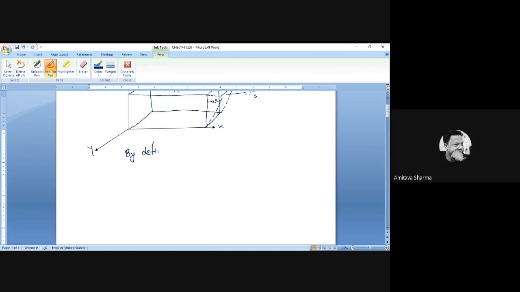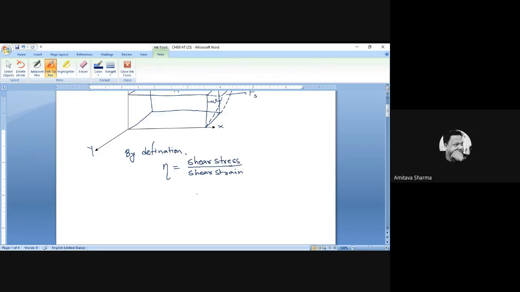By definition, the viscosity coefficient is actually shear stress by shear strain.